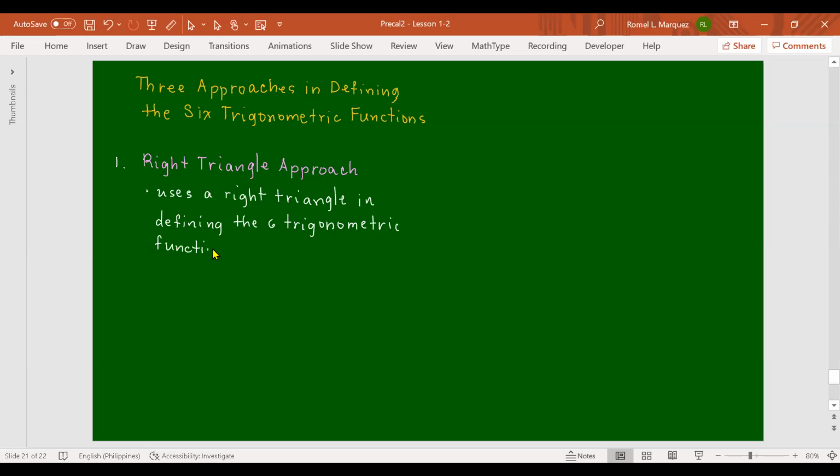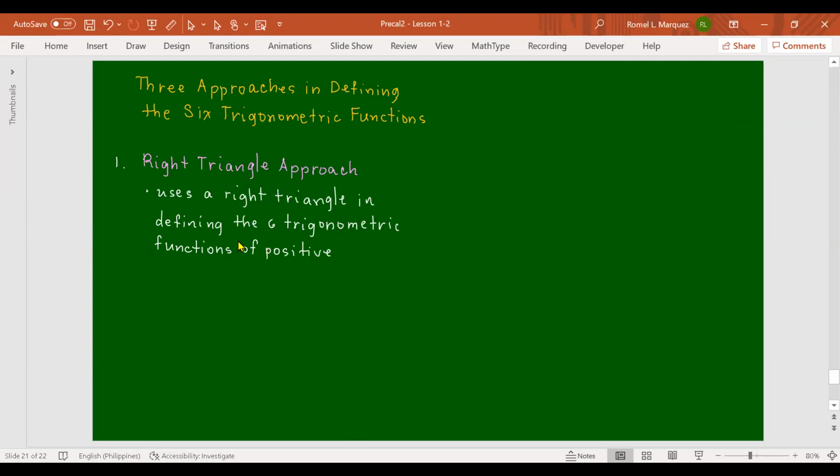But the problem here, it is limited only to positive acute angles. The problem with the right triangle approach is that you can define the 6 trigonometric functions of positive acute angles only.